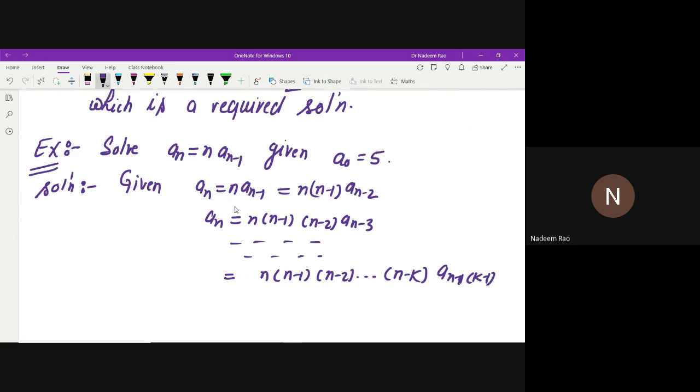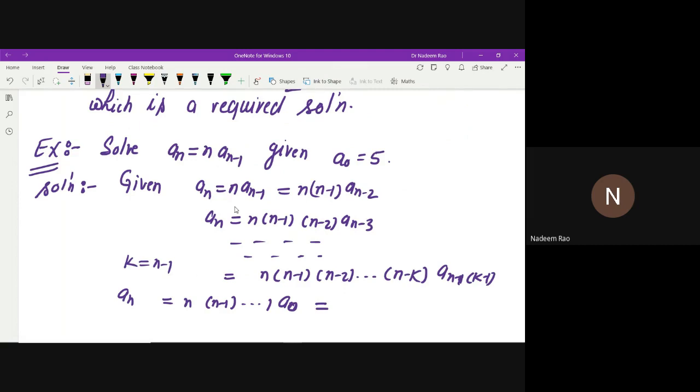Now, like in the previous question, we know the initial condition value of a naught, so in place of k, if we put k equals to n minus 1, then it will be n minus 1 up to 1 into a naught.